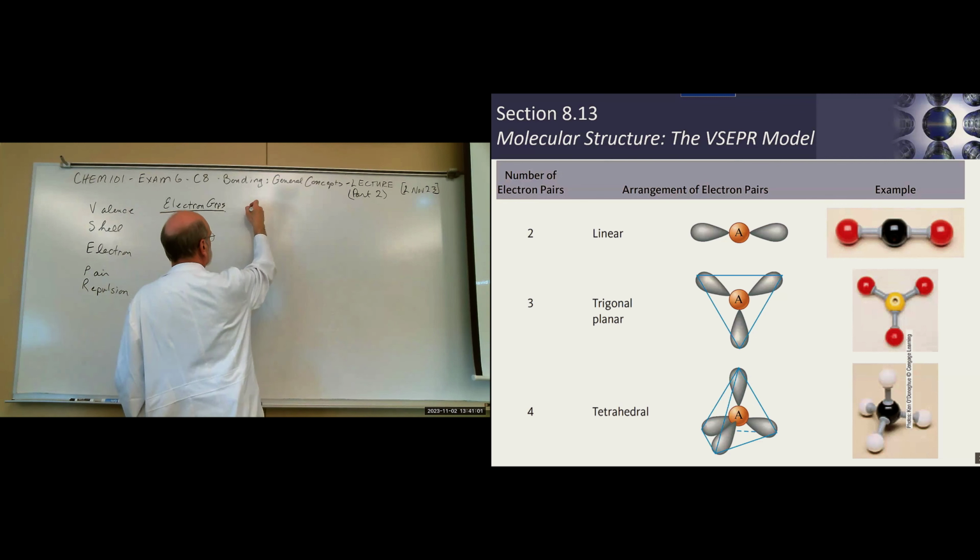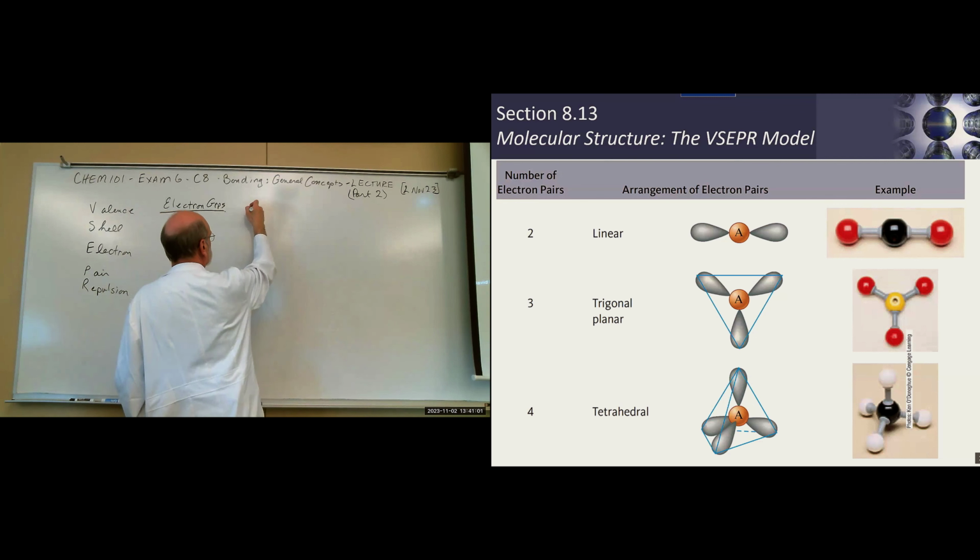All right. If you have two groups, the only possibility is linear. Right. Linear electronic geometry. Now, if you've got atoms on both ends, like our example there, with the black in the middle and the reds on the end, if you have two groups, then it's linear.